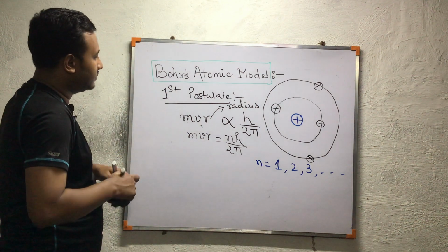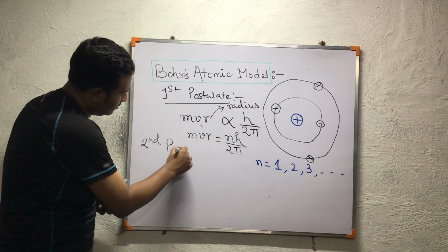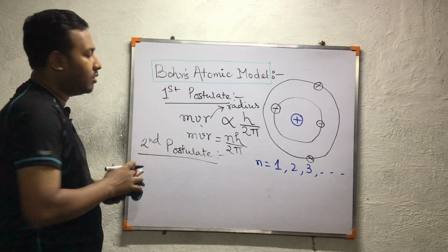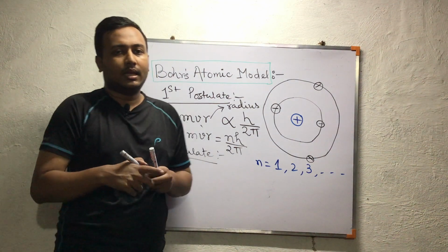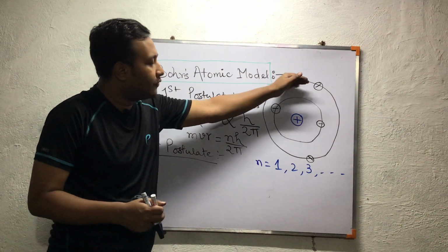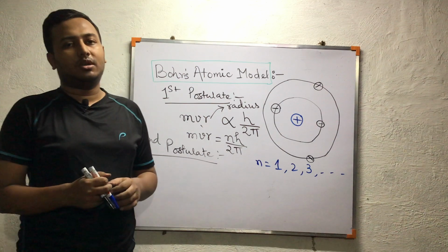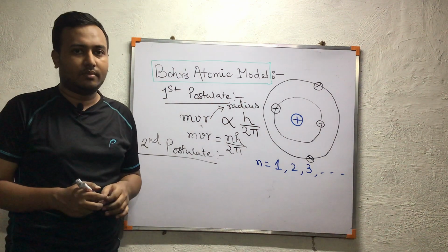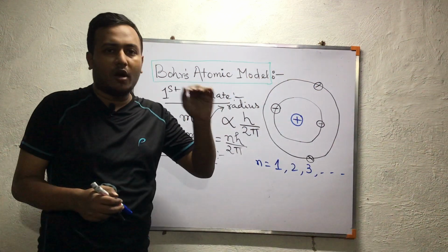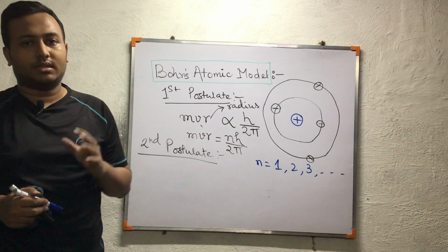The second postulate of Bohr's atomic model tells that electrons, while revolving in such fixed orbits, neither absorb energy nor emit energy. That means the energy of the electrons in these orbits or shells will remain constant while revolving.